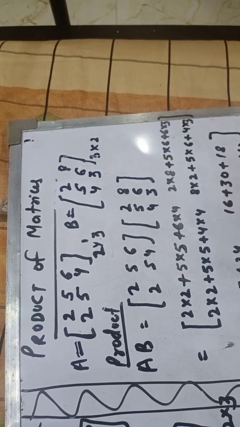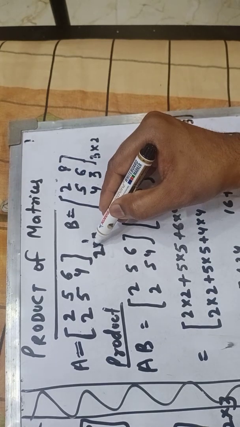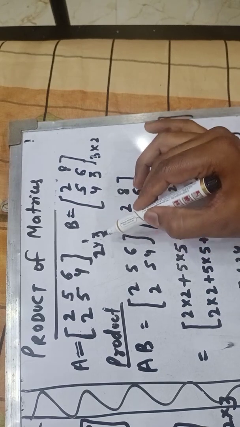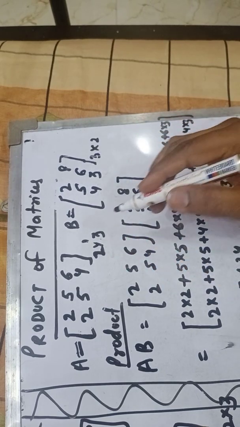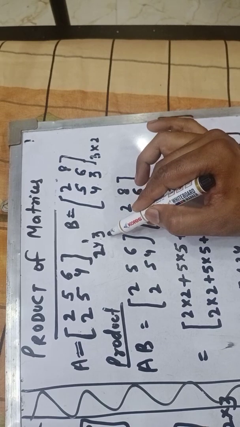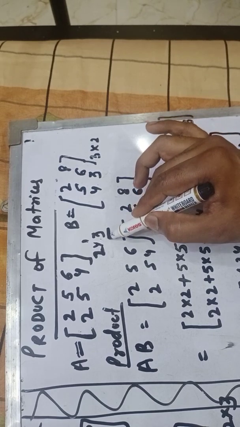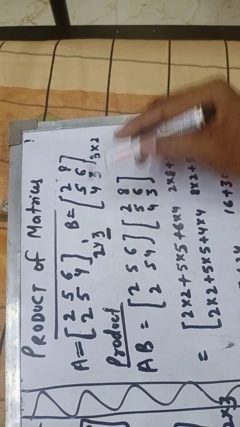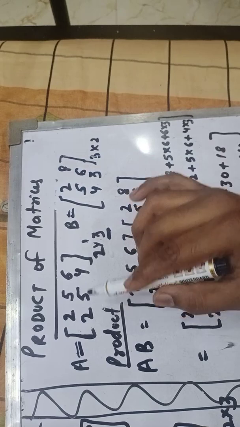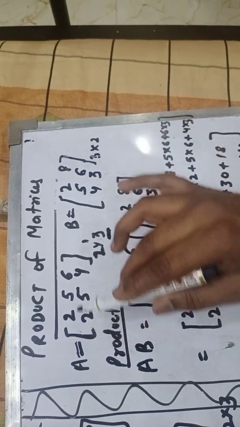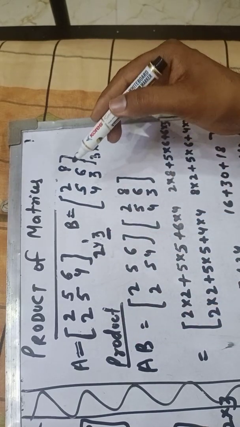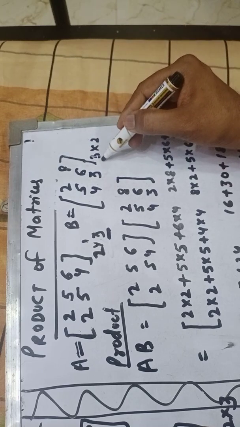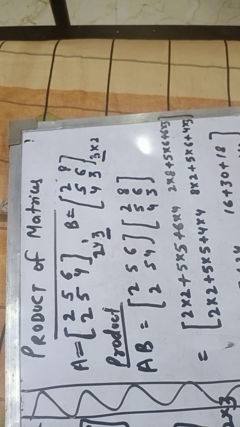To find the product of any two matrices, please recall that the number of columns of the first matrix must be the same as the number of rows of the second matrix.